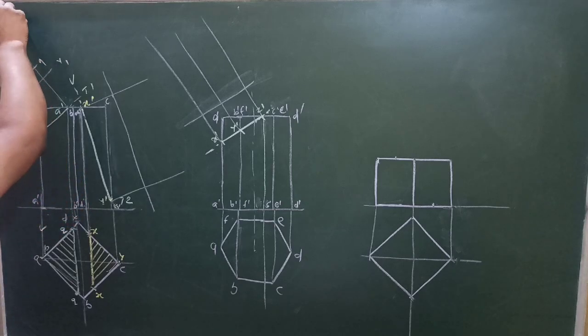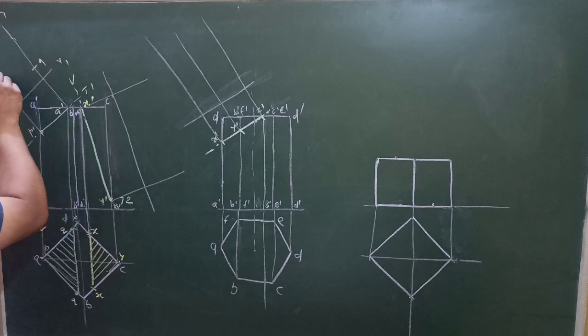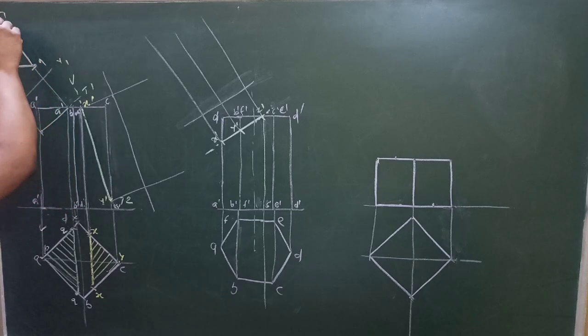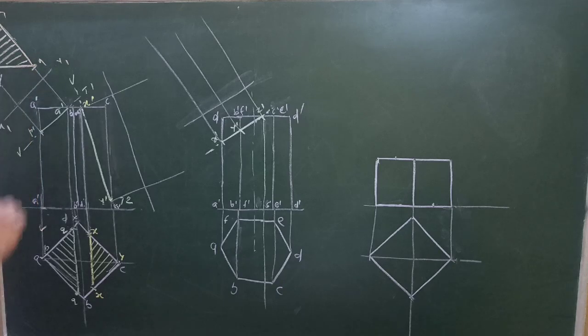This point. So this is Q. Join all these 3 points and draw the hatchings. So this is true shape of this section.